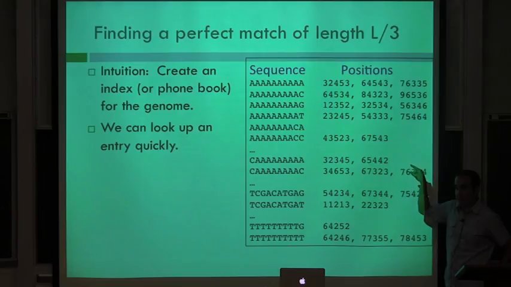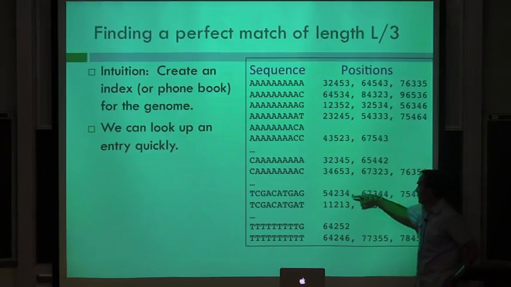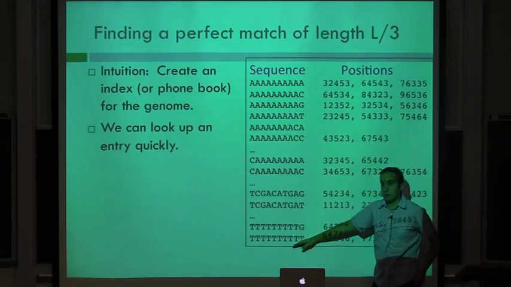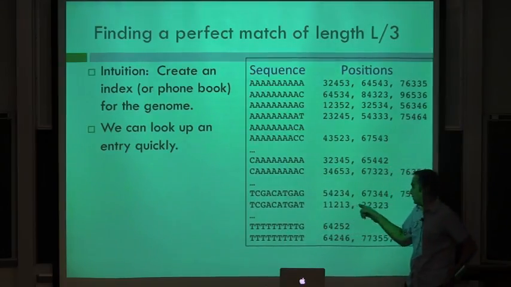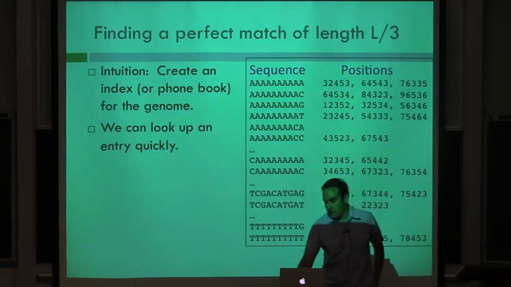On average, for each of these entries, how many of these rows are there? We just talked about it. How many? 1 million. And how many entries are there total on this side? 3 billion, right? So on average, there's going to be 3,000 entries.